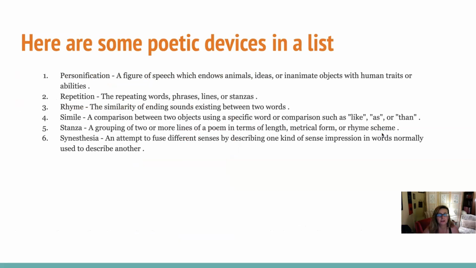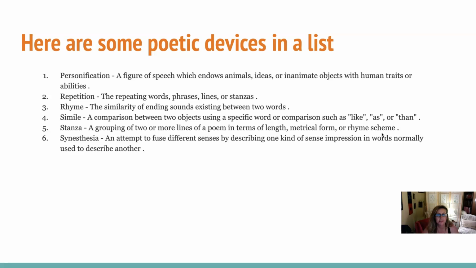So here's some other poetic devices, and I have a couple of lists here to go over with you that you would use when you're analyzing a poem. So personification, which endows animals, ideas, or inanimate objects with human traits or abilities. Repetition, the repeating of words, phrases, lines, or stanzas. So you might see a word repeated constantly, like rose, rose, rose. So there's a reason why a poet would do that.